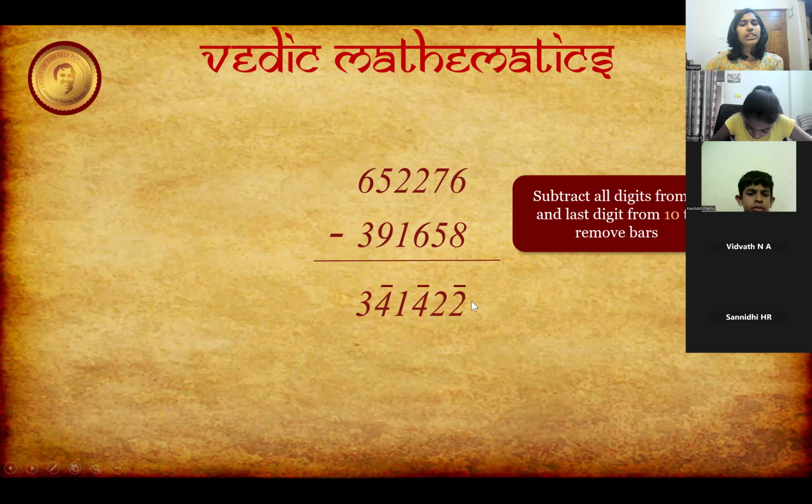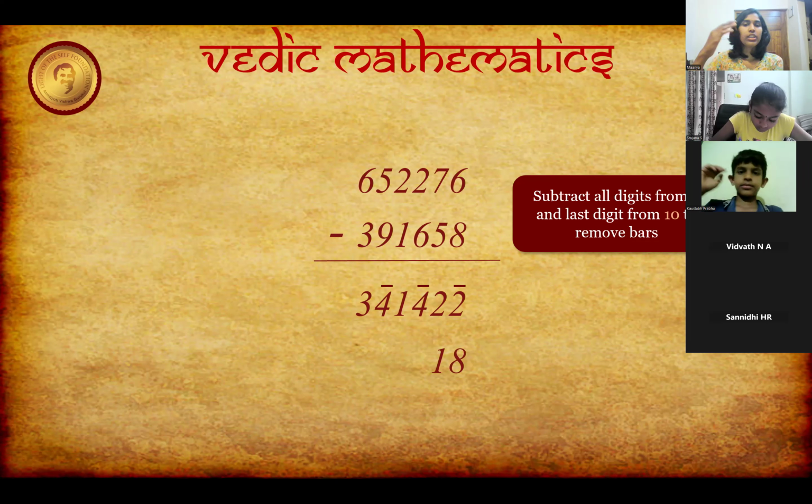So 10 minus 2 is 8. Now, because this doesn't have a bar, we'll write the predecessor. Always remember, the one that doesn't have a bar on top, you write the predecessor of it. Then you do it from 10 again because we consider this as a new bar.